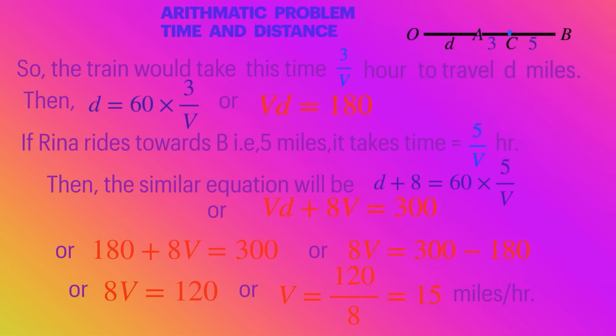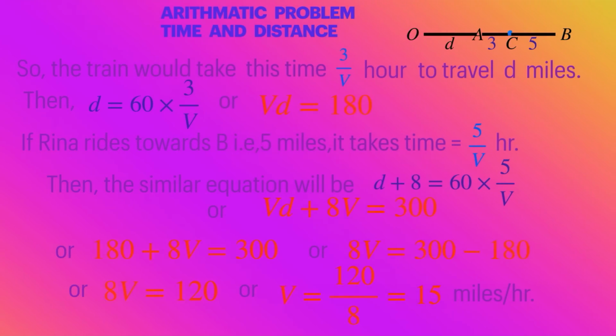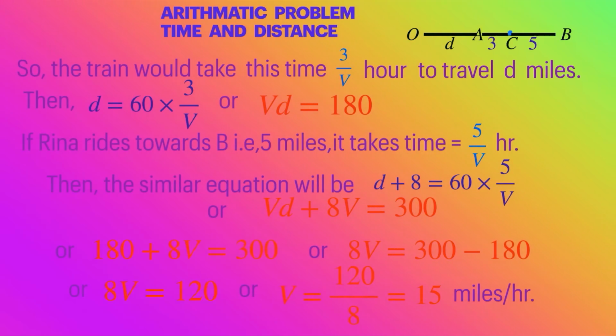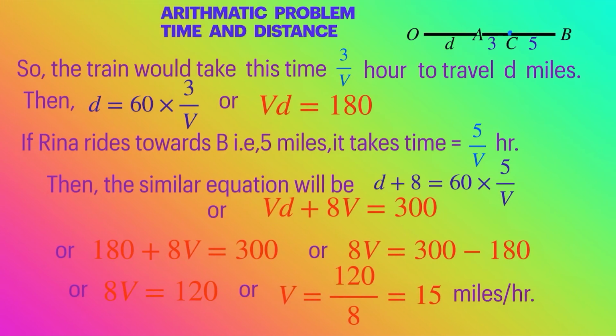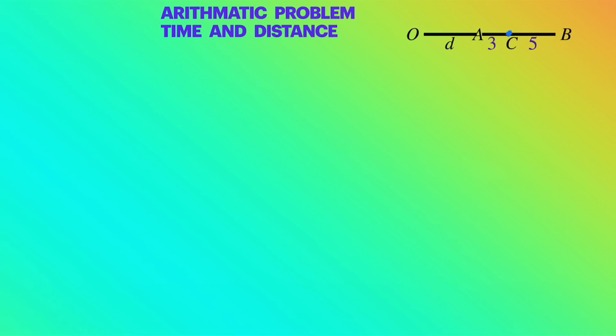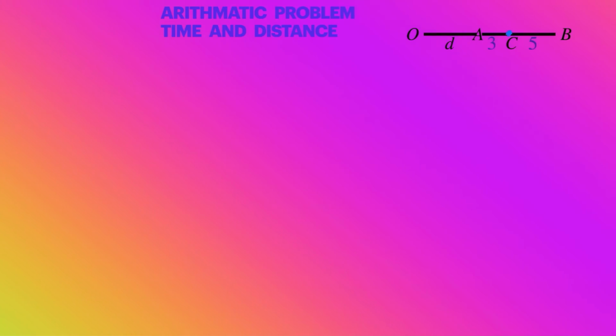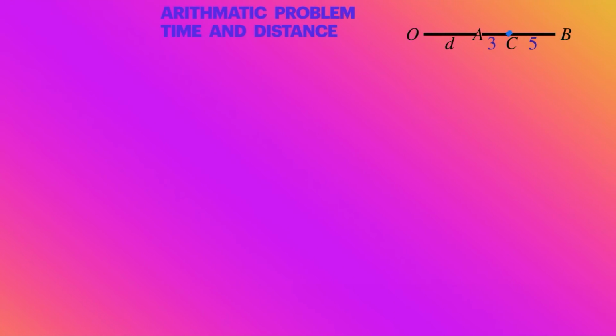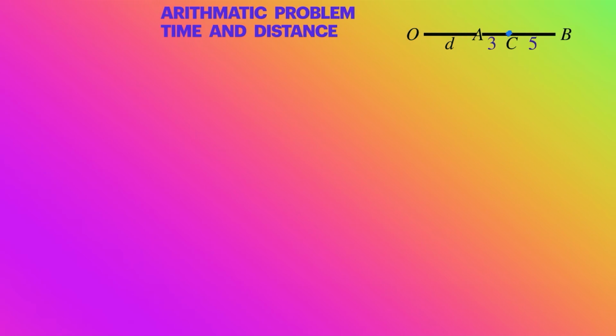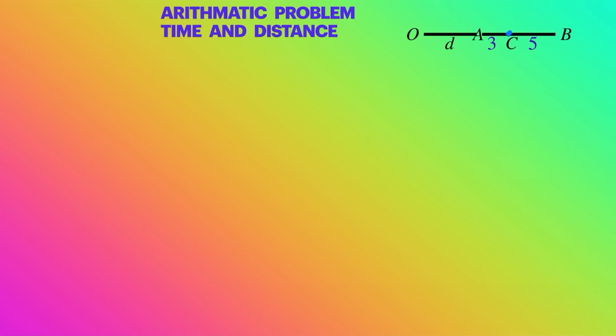Now we go for a logical approach to find the solution of the same problem. Here also we will assume the same. AB is the bridge and C is the position of Rina, and for convenient assumption we will assume BC equal to 5 miles, AC equal to 3 miles, and OA equal to d miles.